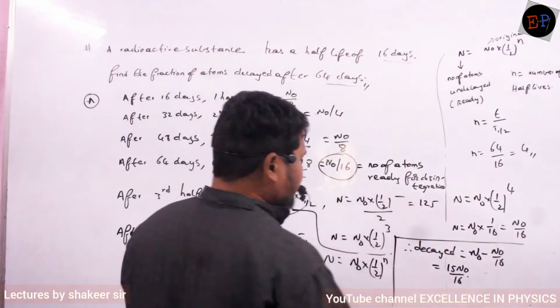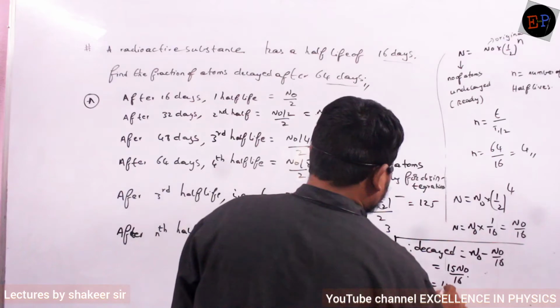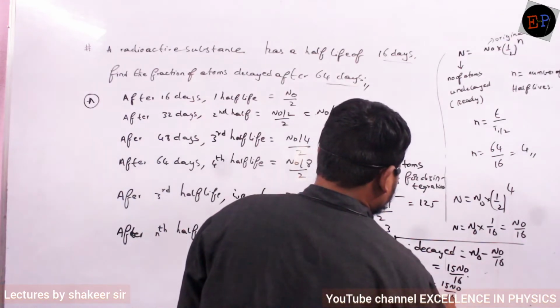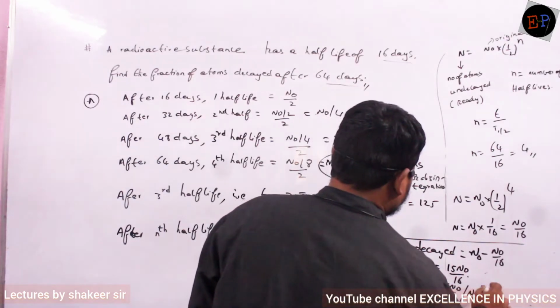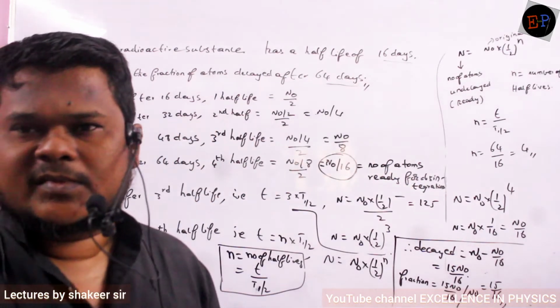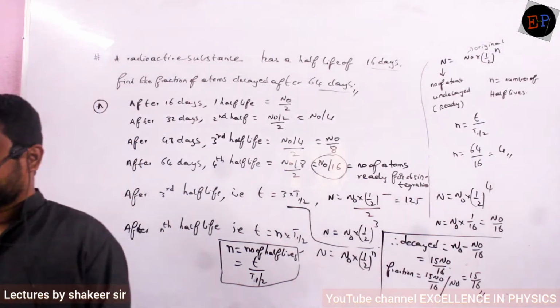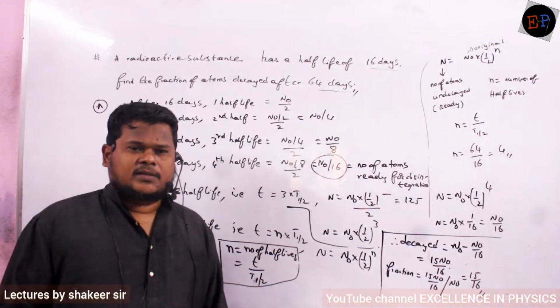Therefore, fraction, how can I calculate? The fraction of decayed atoms is 15 n naught by 16 divided by n naught. So how much? 15 by 16. That's it. Same answer. Understood? That's it. Very simple.